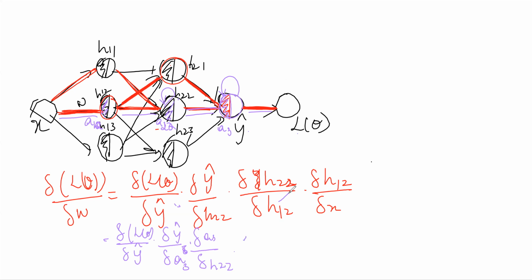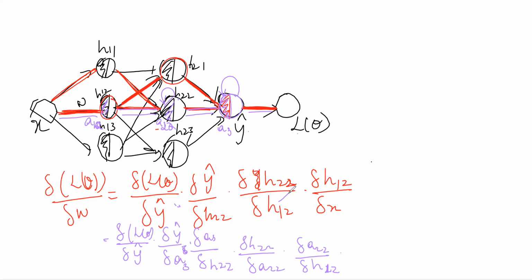So I'll write this as delta H22 divided by delta A22. And from A22 to H22, delta A22 to H22 into, see from H12, sorry, H12.